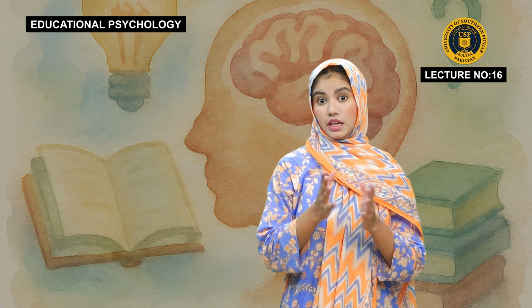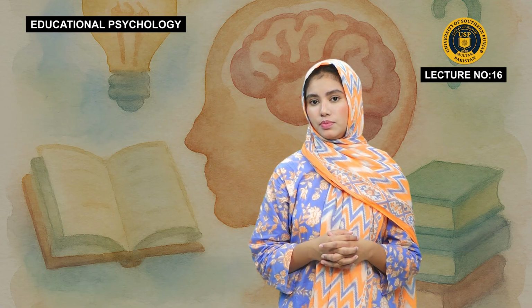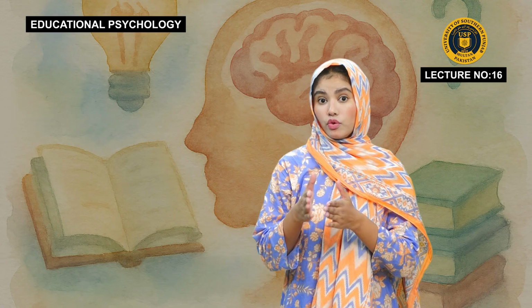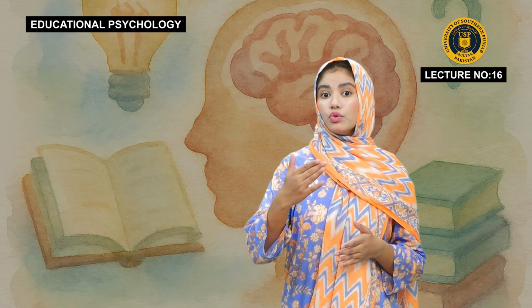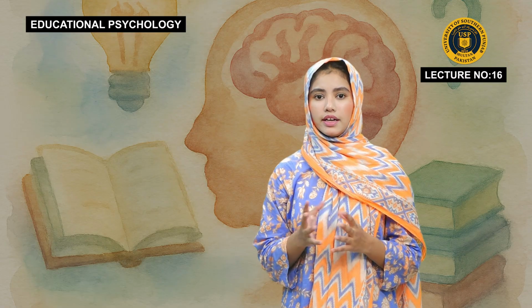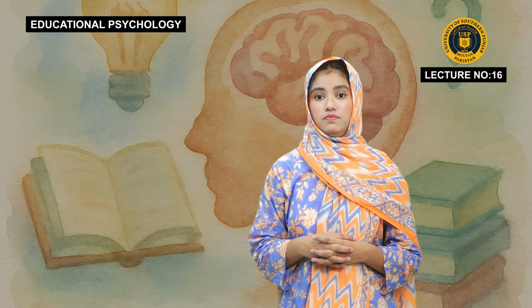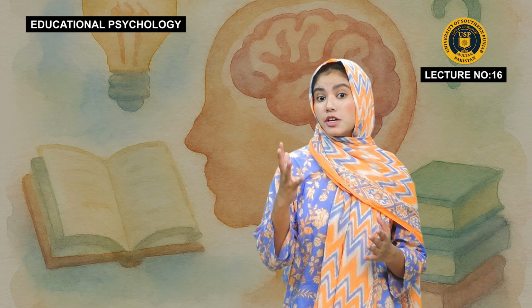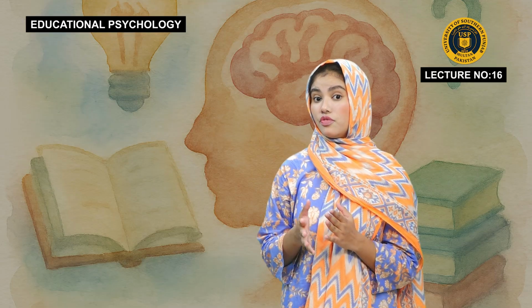We begin with behaviorism, which examines how reinforcements, rewards, and consequences influence behavior. From there, we move to the cognitive approach that explores mental processing, memory, and knowledge construction. And finally, the humanistic perspective, which emphasizes personal growth and self-actualization.